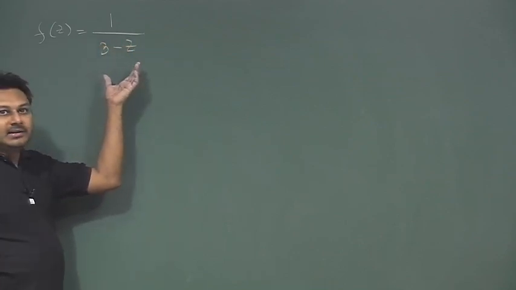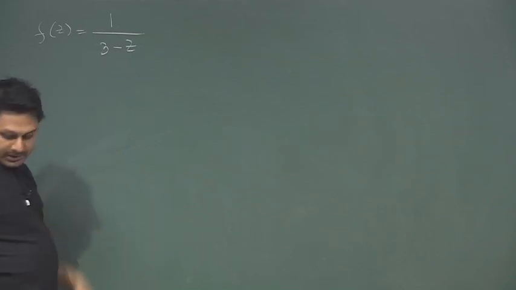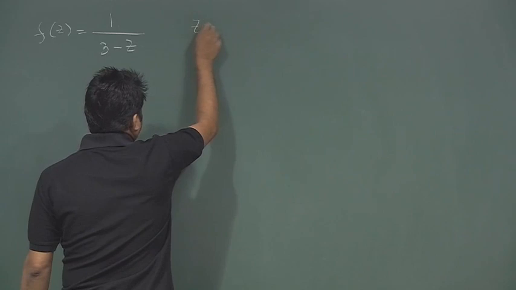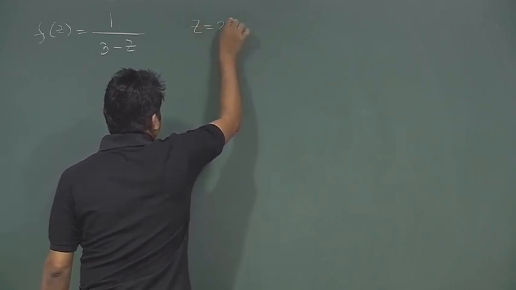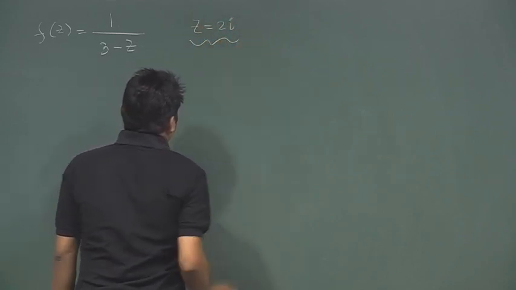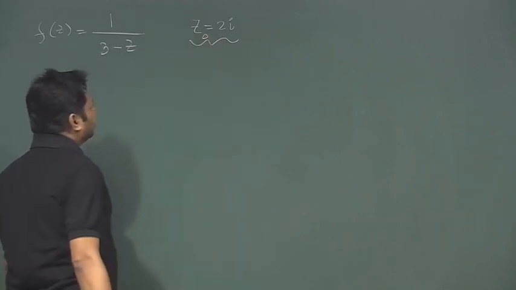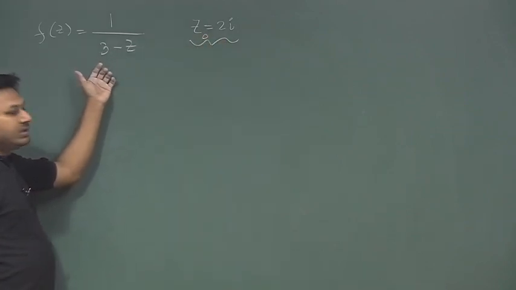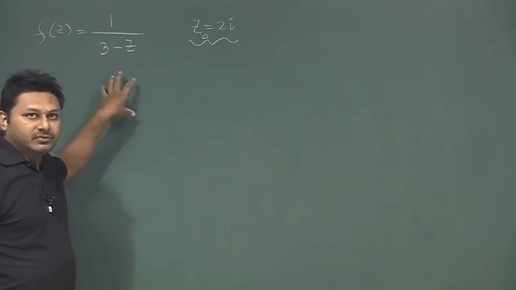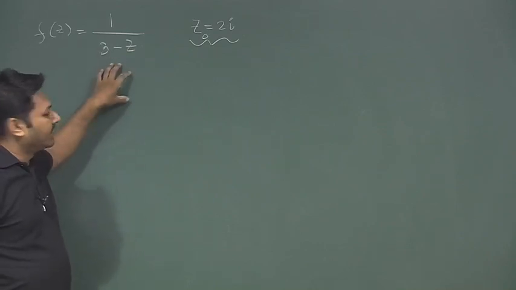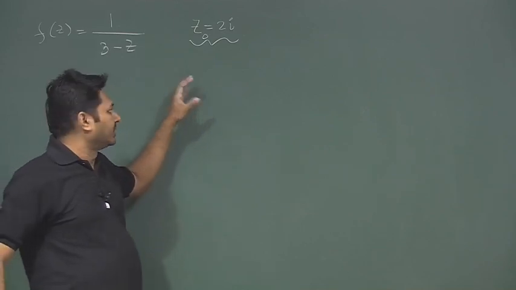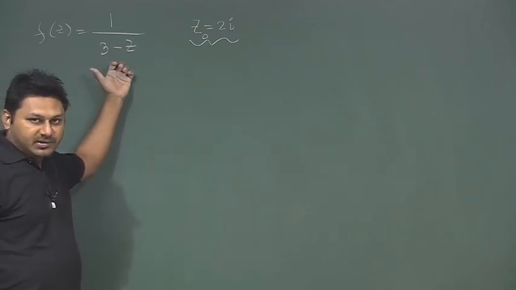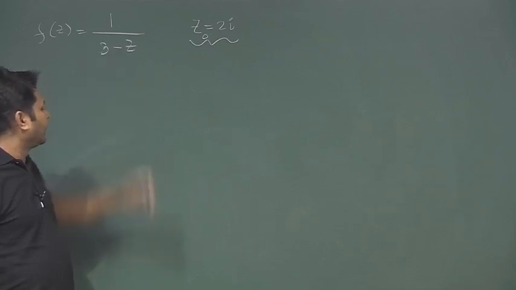I need to expand this function in terms of a Taylor series around z0 equal to 2i. After expanding, we also need to mention the radius of convergence, which we can find once I put this in power series form and a_k is known.